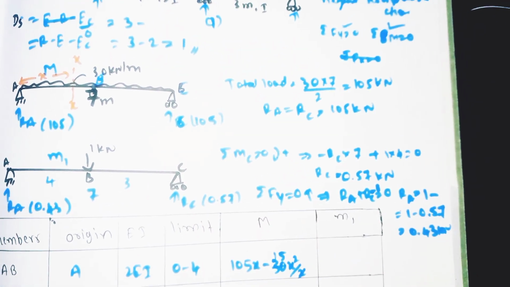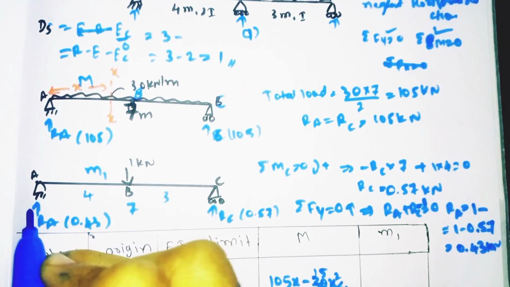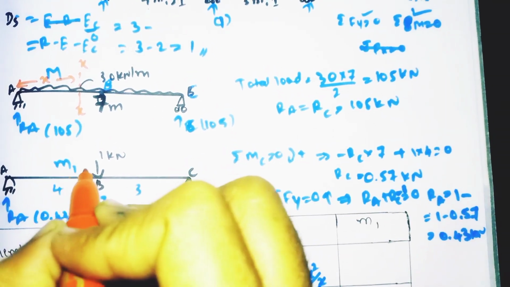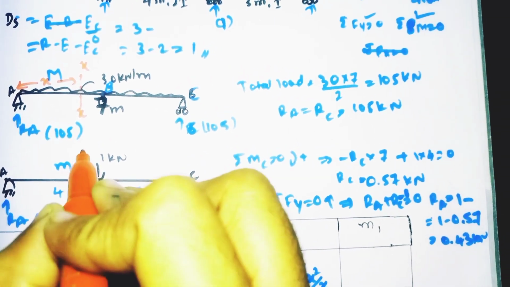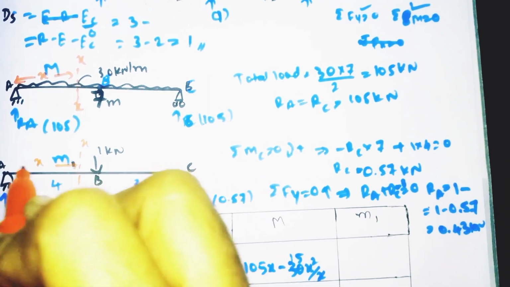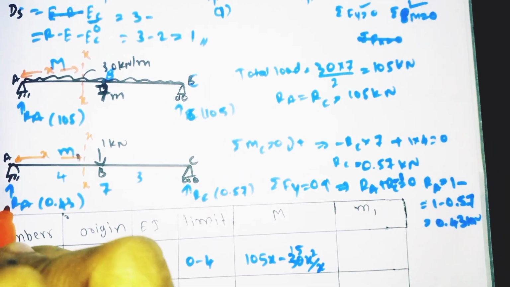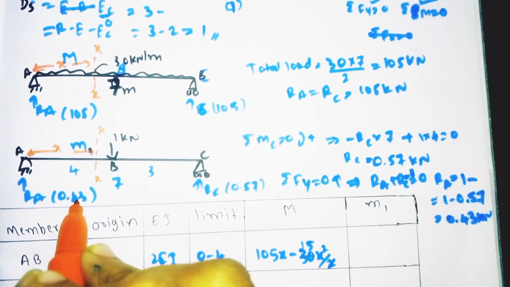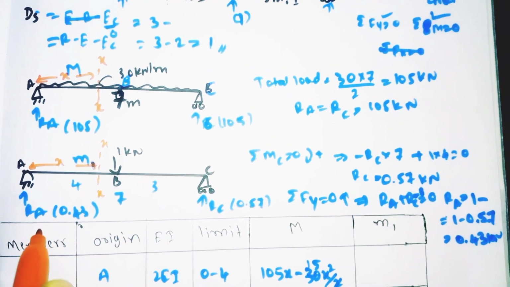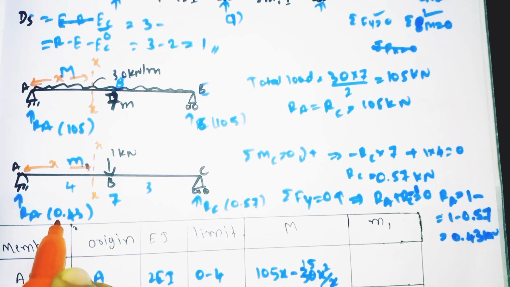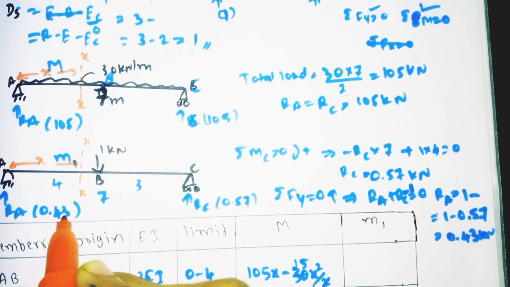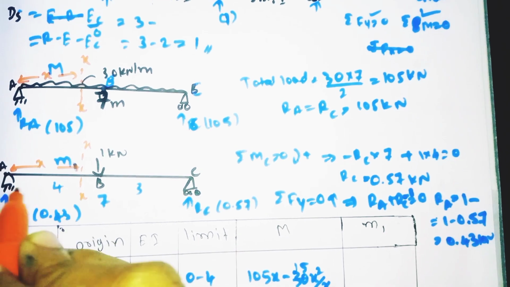So for M1, for AB we have taken the origin as A. If we cut the section, x is far away from the origin A. So unit load 1, RA is acting at the intensity of 0.43. So it is moving clockwise, so for that we need to take the positive. 0.43 into at what distance it is acting, from here to here is x.